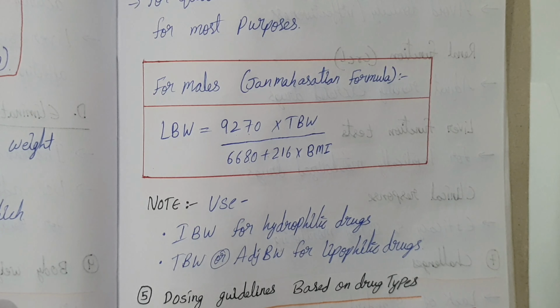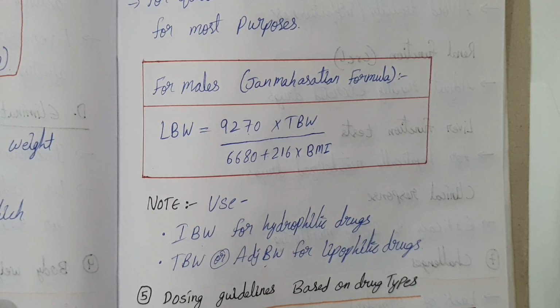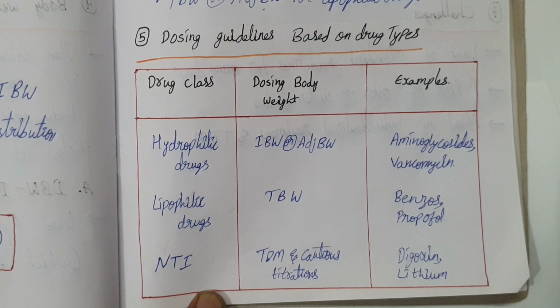You can remember this with a trick: use IBW for hydrophilic drugs, and use TBW and adjusted BW for lipophilic drugs. Think: fat drugs need full weight while water drugs don't. Now this table is gold for viva.